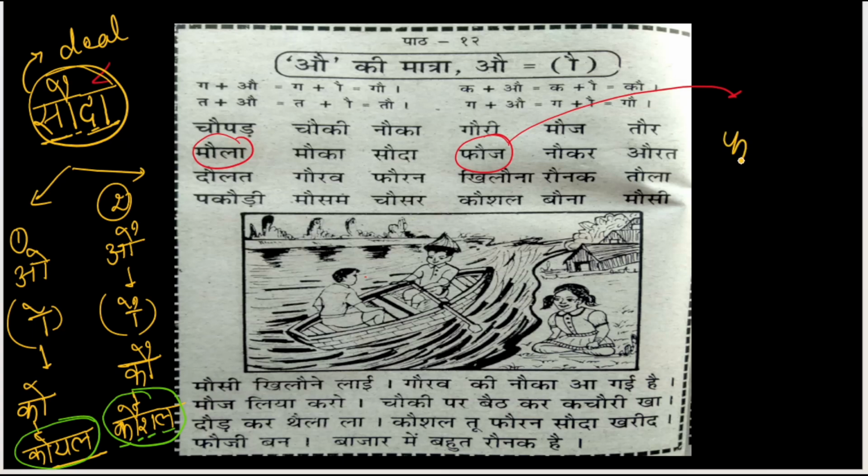This is fa and this is the matra of au and this is ja. Now it became fa, au, ja, fauj, which means army.